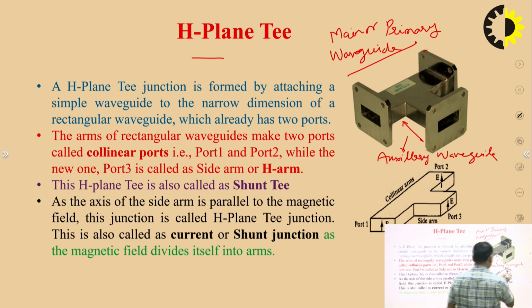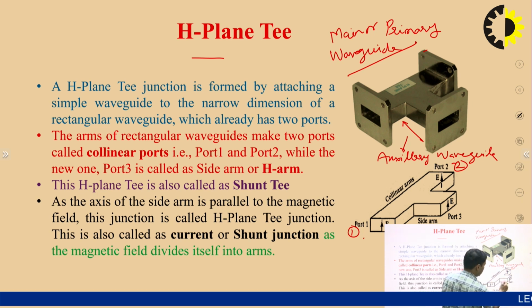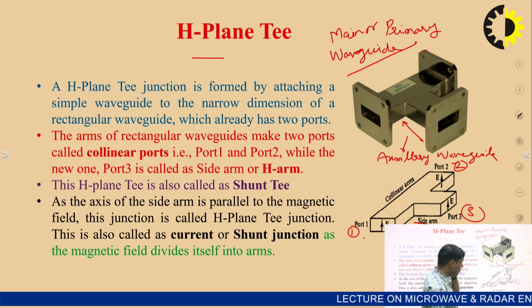Geometrically, this is the main waveguide with the collinear arms, that is port 1 and port 2. This is the first port, this is the second port, and at the side arm we connect the auxiliary waveguide, that is port number 3. So this will be the hardware model of the H plane T junction, and that is its geometrical representation.